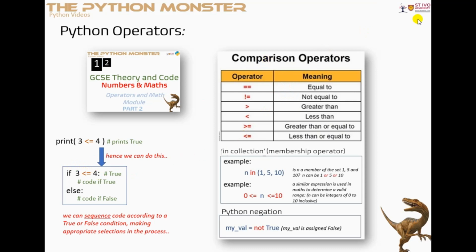If a particular condition is true, so if 3 is less than or equal to 4 and it returns true, then we can run or execute one part of the code. If it's false, on the other hand, we execute a different part of the code. So we can sequence our code according to a true or a false condition, and then we can make appropriate selections in the process of doing so.